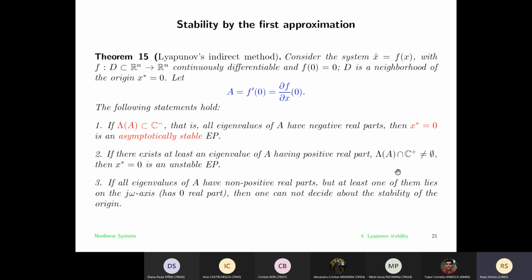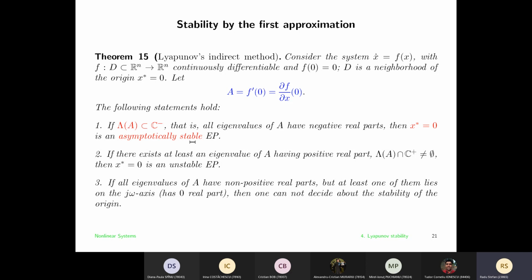The first point: if this Jacobian matrix is stable, meaning it has all eigenvalues in the left half of the complex plane, meaning all have negative real parts, then the origin is an asymptotically stable equilibrium point.